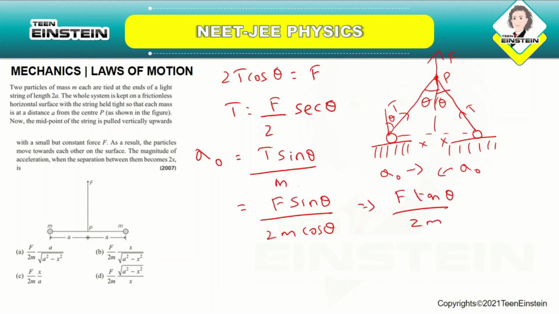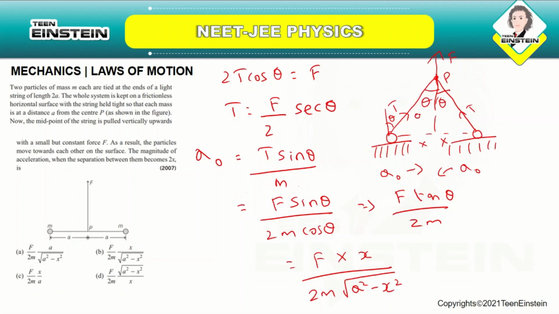And we know that tan theta is equal to x by root of a square minus x square. So it will become F into x divided by 2m into root of a square minus x square.